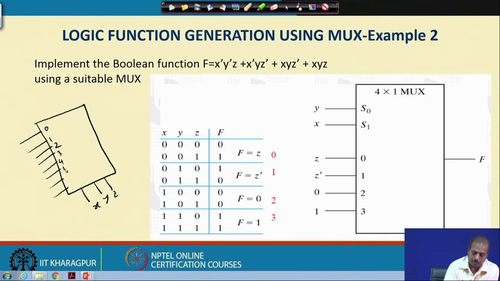0, 1, 2, 3, 4, 5, 6 and 7. I know that for 1, 2, 6 and 7 the output should be 1. So, I tie 1, 2, 6 and 7 together to logic high, and 0, 3, 4 and 5 should be tied to low.